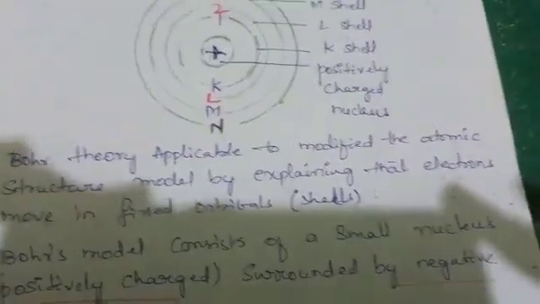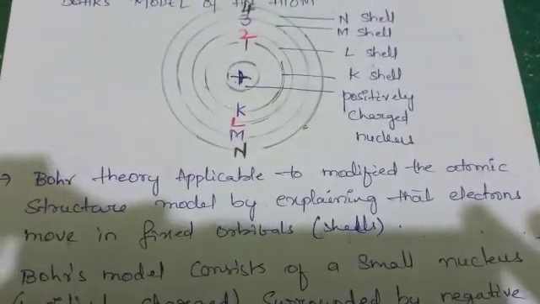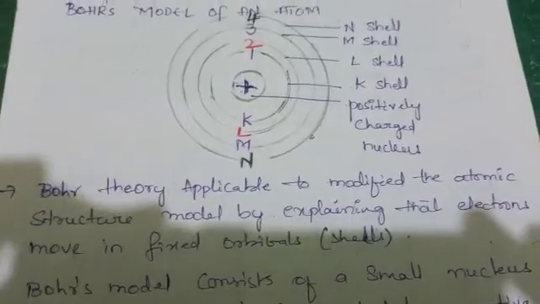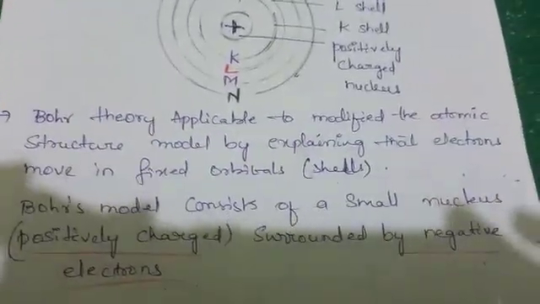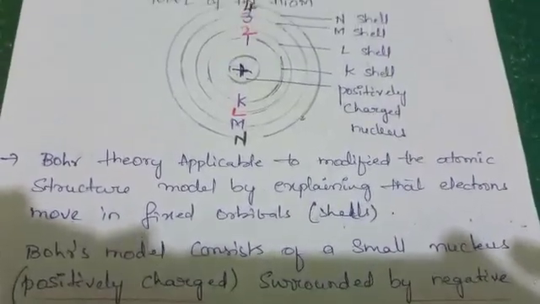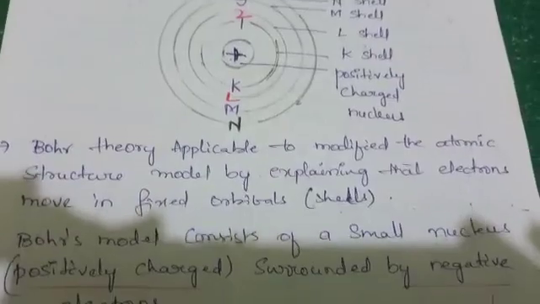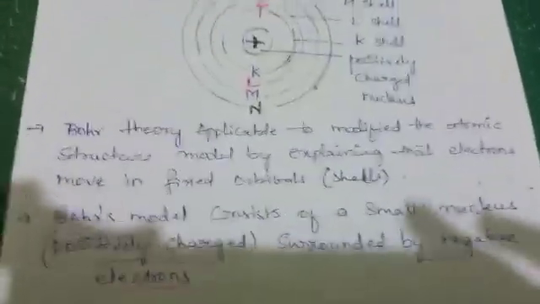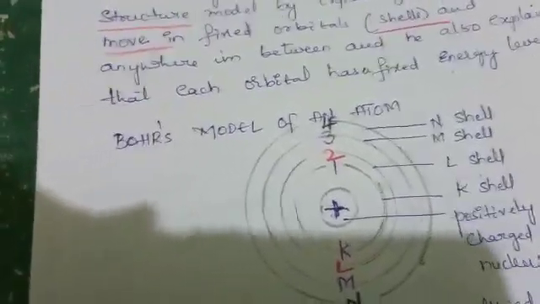Bohr's theory is applicable to modify the atomic structure. Bohr's model consists of a small, positively charged nucleus in the center, surrounded by negatively charged electrons.